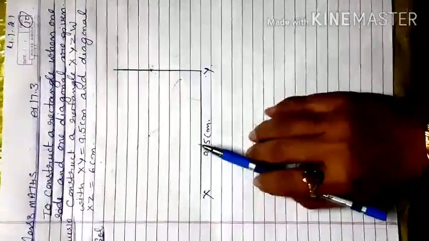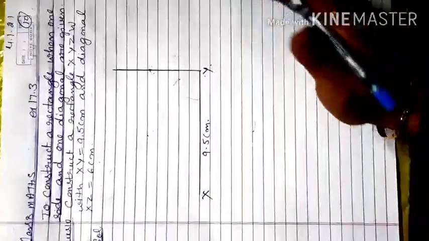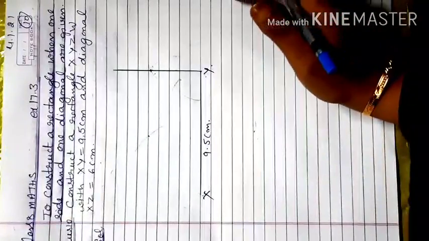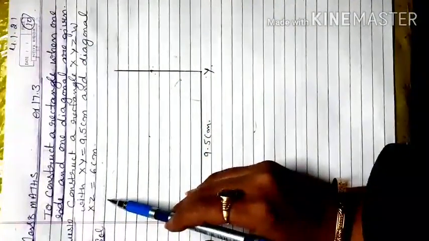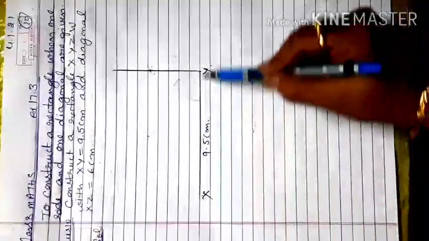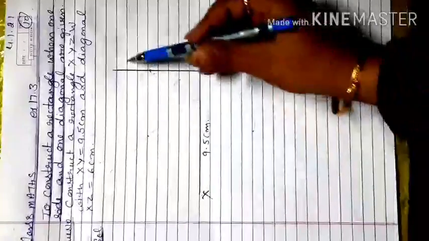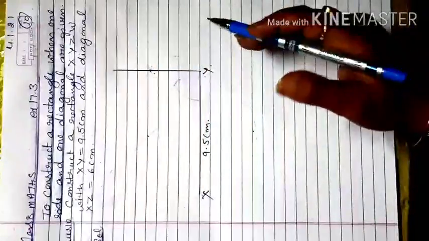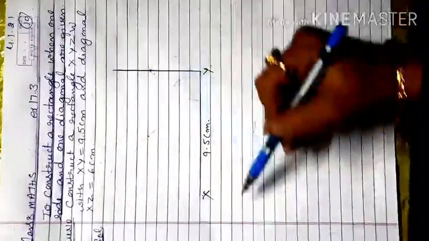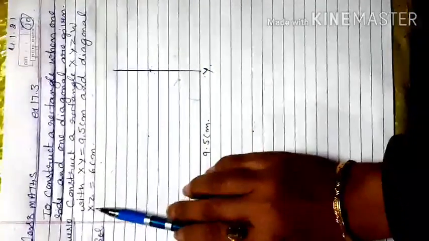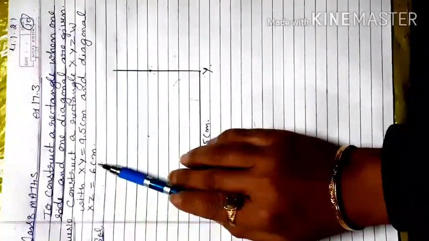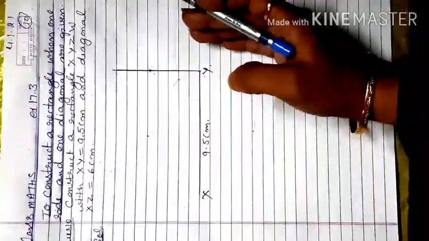If we go according to the statement, the figure will not be possible, but we have to draw the rectangle when one side and one diagonal are given. So one thing to remember, the measurement of the side never crosses the measurement of the diagonal. That means the measurement of the diagonal is always greater than the measurement of the side. If it is written that XZ is equal to 6 centimeters, then my figure will not be possible.